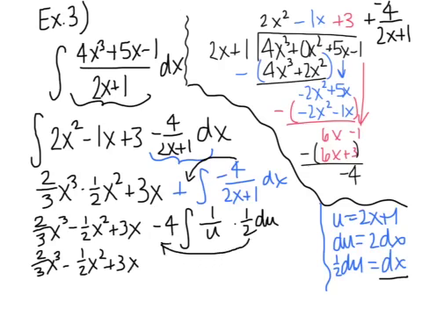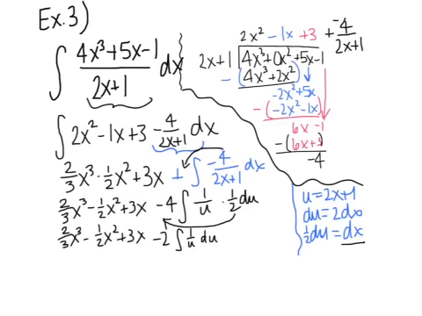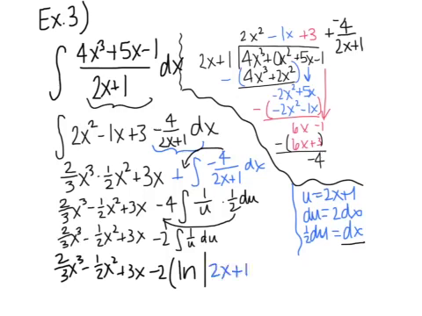As I pull this guy in front, I'm going to get negative 2 integral of 1 over u du. So I'm going to copy all this down again. And the antiderivative of 1 over u is natural log of the absolute value. And I'm going to plug in for u 2x plus 1. And I wouldn't want to forget plus c in my answer.